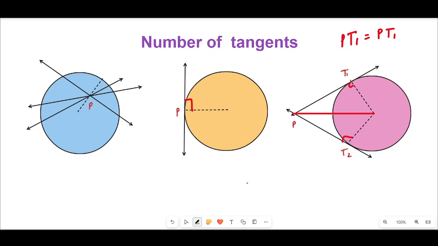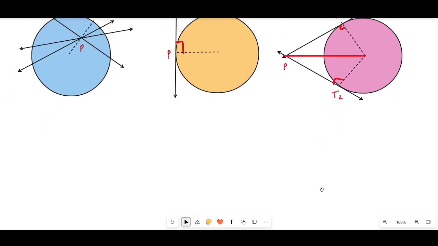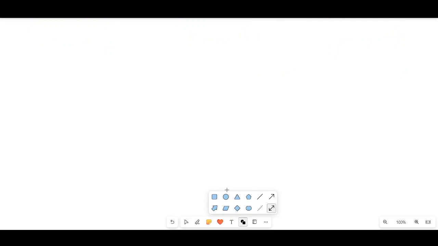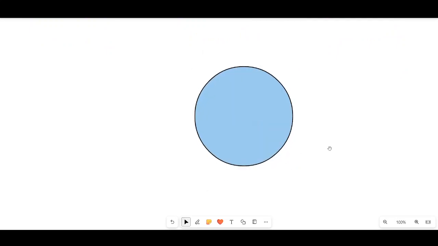Suppose we take any circle here. Clear? Now in this circle, can we draw more tangents? So suppose we draw a tangent. This is a tangent. But if we take one point, we are able to draw only one tangent, but there are more points. So if there are infinite points, then we can draw infinite tangents as well.